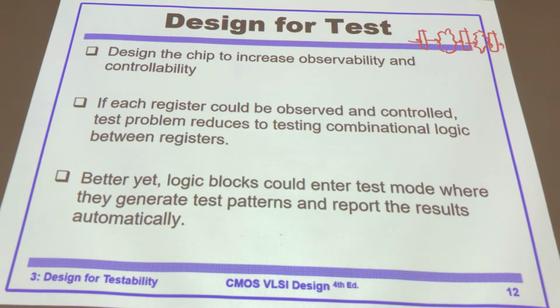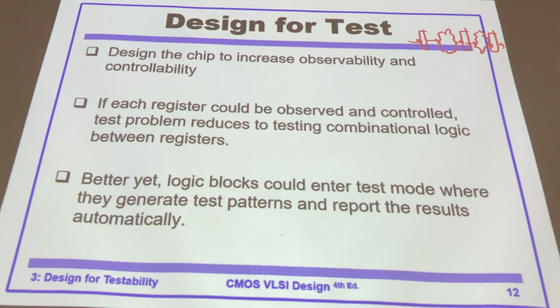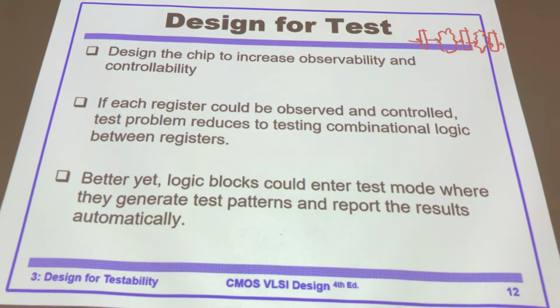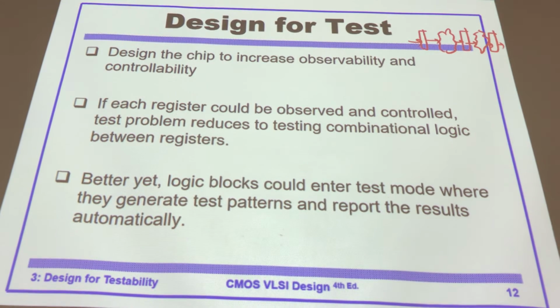This small testing circuit, and we can set the whole circuit in test mode where that testing circuit can generate test patterns. The test pattern is provided internally. They can automatically generate test patterns for the testing of the chip. And look at the output, we can report the result.